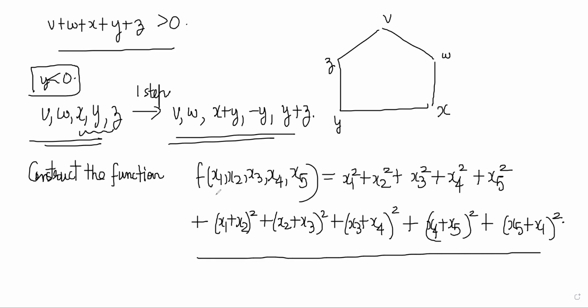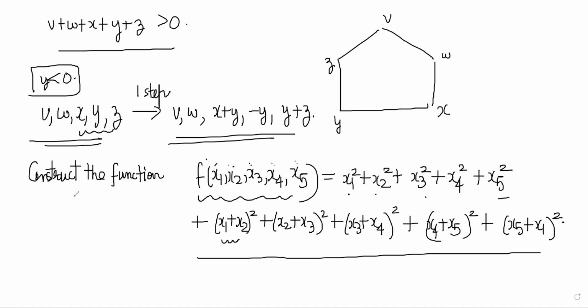This is the function that we will construct. So this function takes inputs as the integers corresponding to the vertices of the pentagon, and it calculates all the integers squared, and then sum of them two at a time in a cyclic manner: (x1 plus x2) square, (x2 plus x3) square, (x3 plus x4) square, (x4 plus x5) square, and finally (x5 plus x1) square, right?